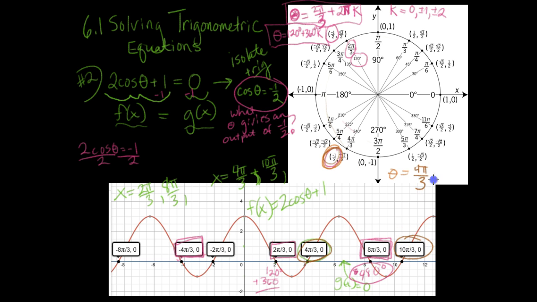Okay, so that would be plus 2 pi. And if I was at 4 pi over 3 and I subtracted 2 pi, that would land me at negative 2 pi over 3. Okay, so that's where the k comes in.